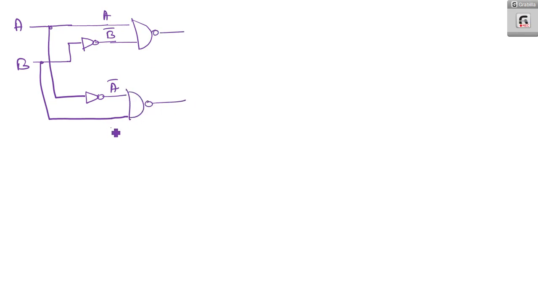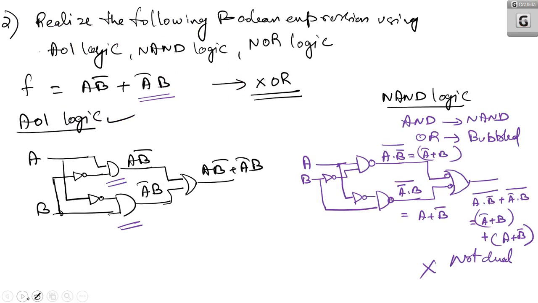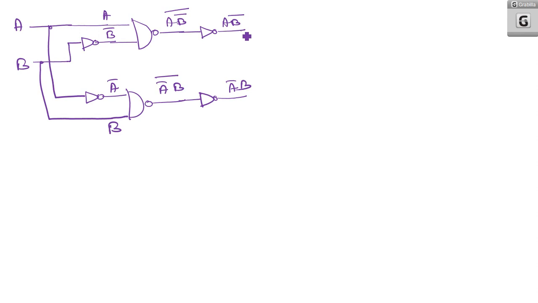This is B. This is A B bar, the whole bar. This is A bar B, the whole bar. Now I am noting it here. So what will you get? You will get A B bar. Here you will get again A bar B. I am just noting it. Now coming into this bubbled OR gate.